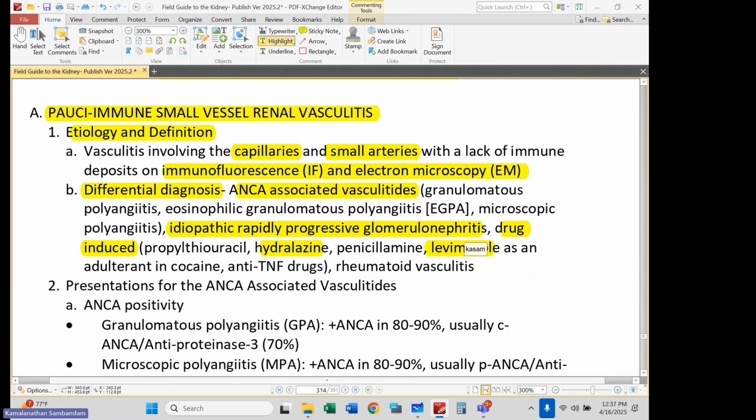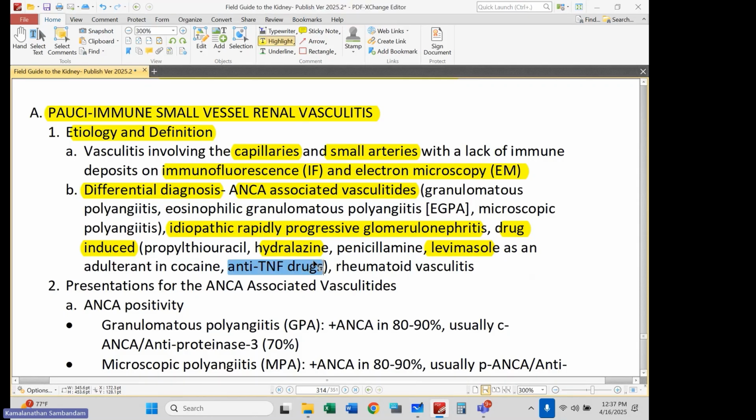Typically, these do have non-specific ANCAs, especially levamisole-induced small vessel vasculitis, which often has ANCAs that are positive, and often it is both P-ANCA and C-ANCA. Sometimes you can have atypical ANCAs that are not directed to proteinase 3 or myeloperoxidase. Okay.